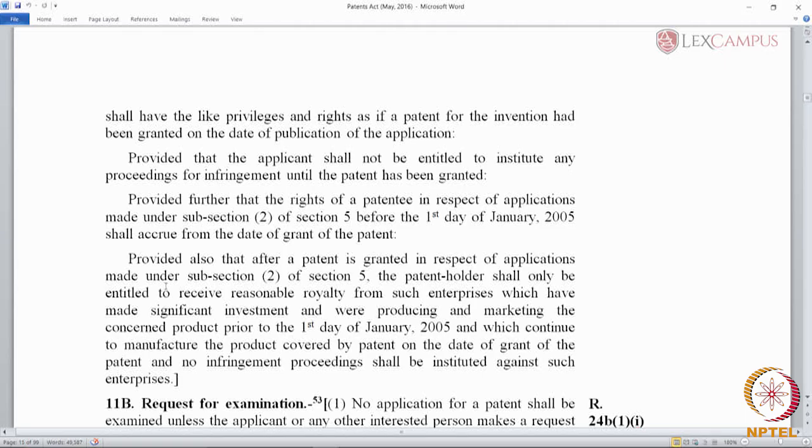And since India would open its gates for granting pharmaceutical products, it was felt by the member countries that the countries in transition should also have a mechanism for receiving these applications. These applications can definitely be prosecuted after 2005, which is the timeline for the transition period, but there had to be a mechanism to receive these applications.